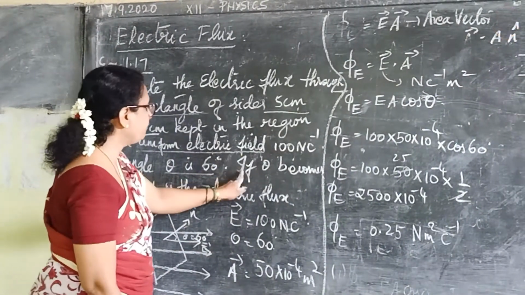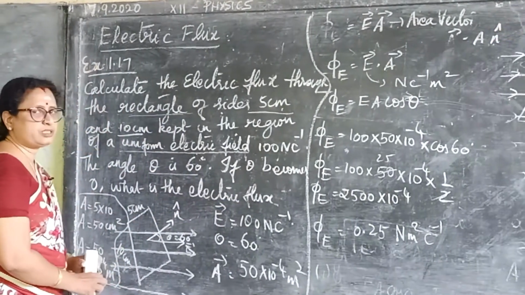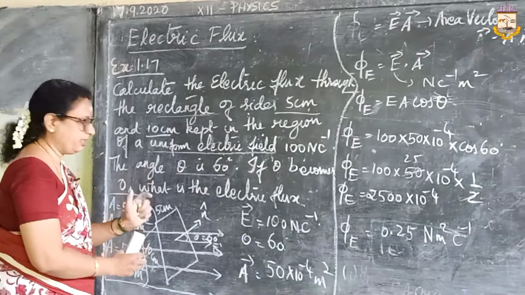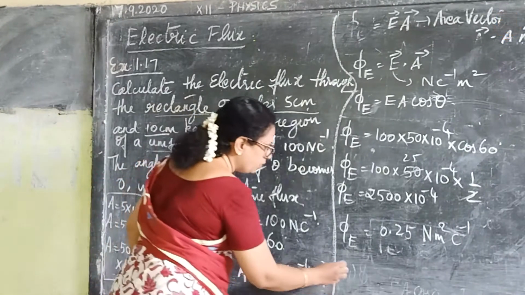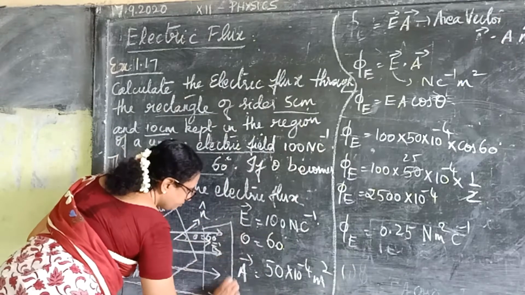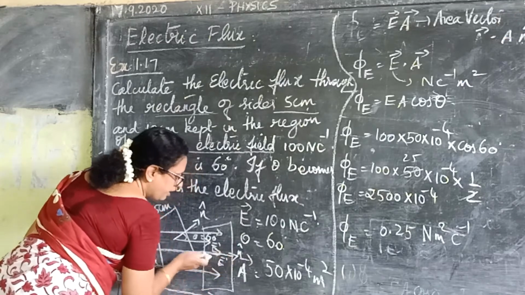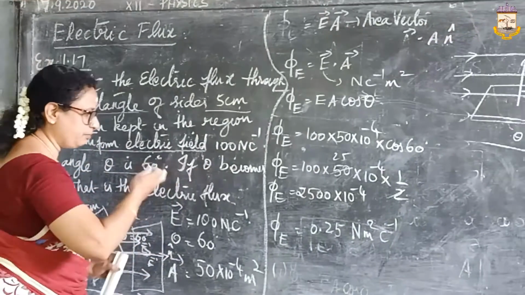Now they have asked again, if theta becomes 0, what is the electric flux? Theta becomes 0 means how we have to place the area? Normal. So it should be placed like this, normal. That is both n vector and E vector will be acting in the same direction.